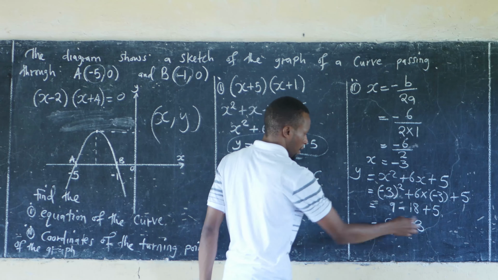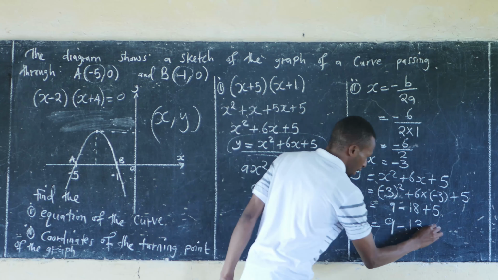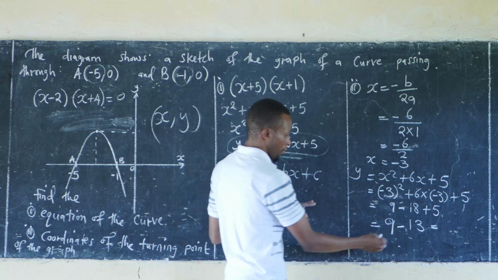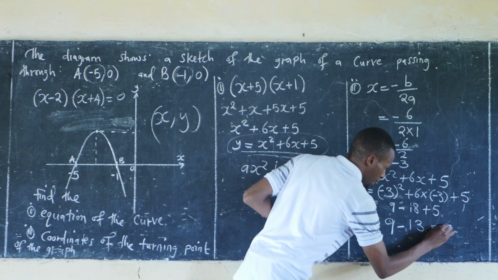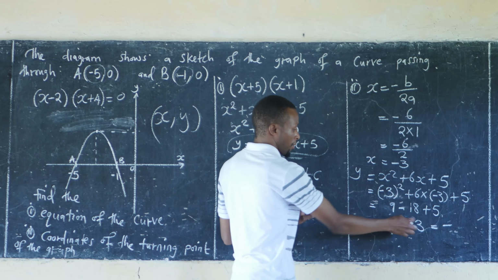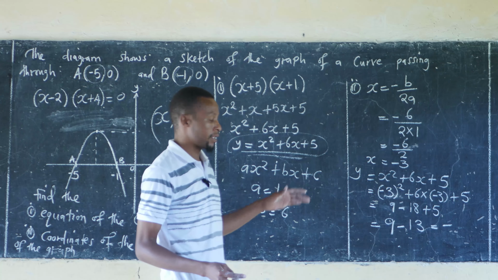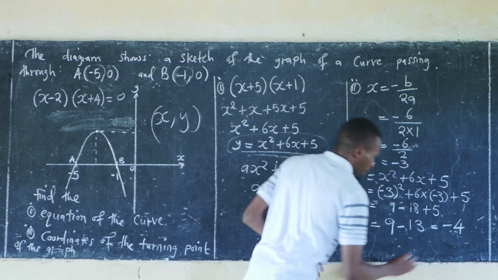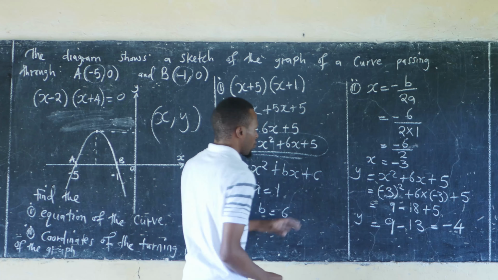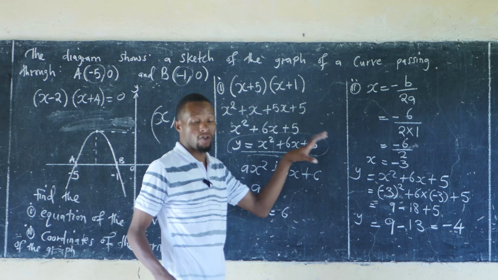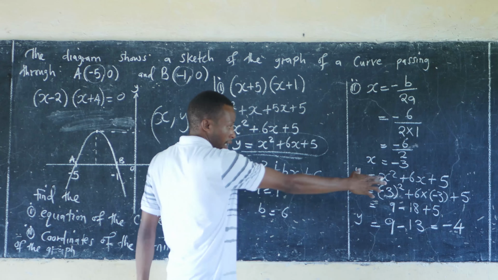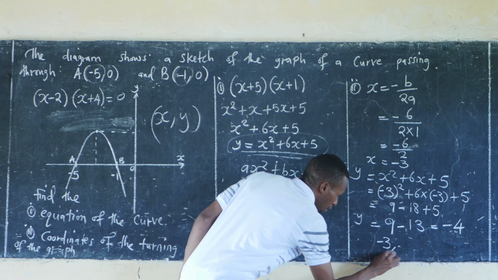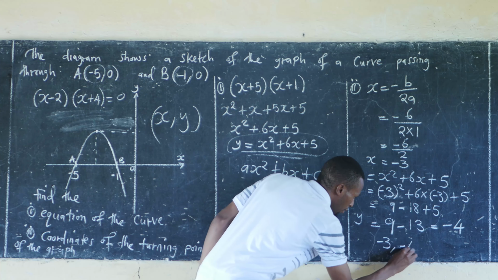Then 9 minus 13. Again different signs, we maintain the sign of the bigger number, which is 13, and subtract 9 from 13, which gives 4. So negative 4 is our y. Now writing the final answer, don't end like this. The coordinates of the turning point are negative 3, comma, negative 4.